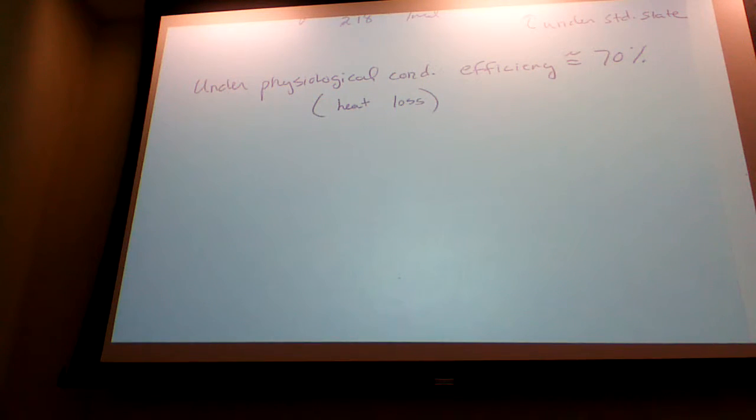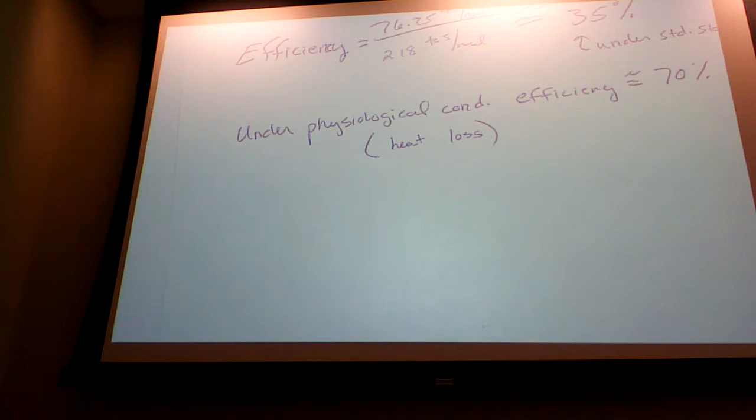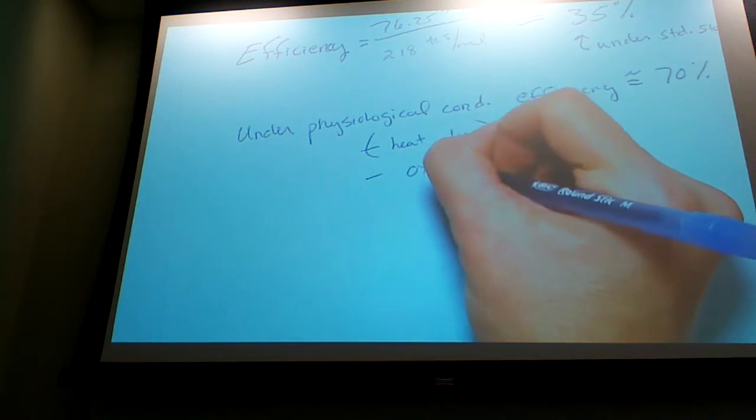Wouldn't that inorganic phosphate transport back in be making it less efficient for ATP synthesis? Yeah, so the transport process for the protons, absolutely. That's going to decrease your proton gradient. So, heat loss, but also other transport processes.